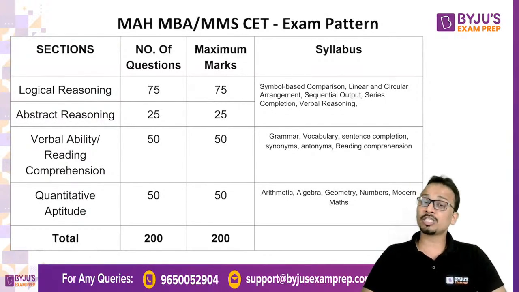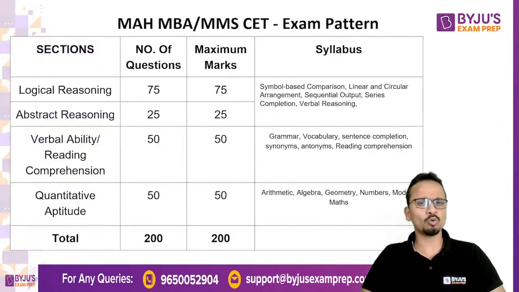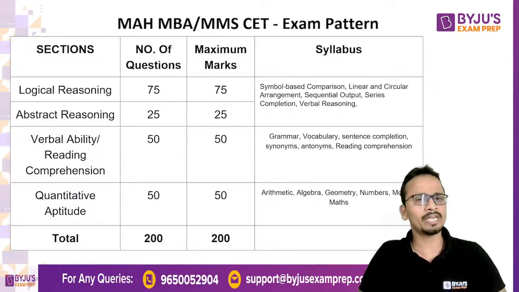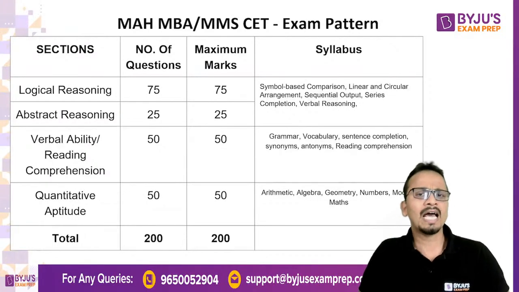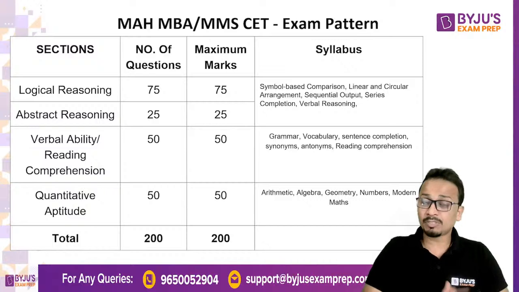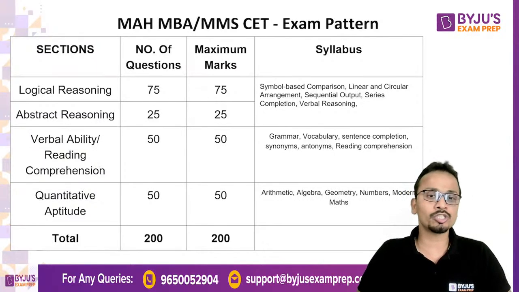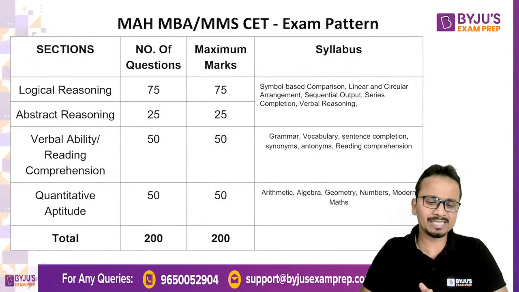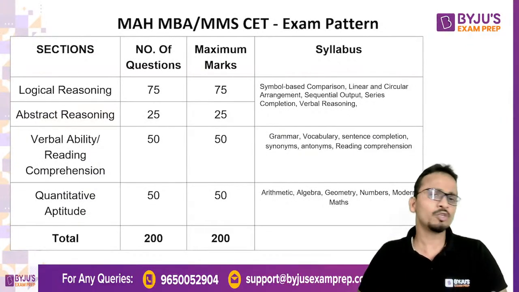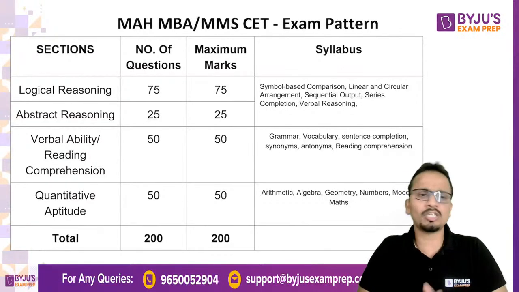It will have 75 questions in total, and the different areas that come in logical reasoning, starting from number and letter series, coding-decoding, direction sense, blood relations, linear and circular arrangements, sequential input output, and verbal reasoning. In abstract reasoning, you will see questions with different figures and pictures, and you'll have to complete the series, find the missing term, or find the wrong picture among the series.